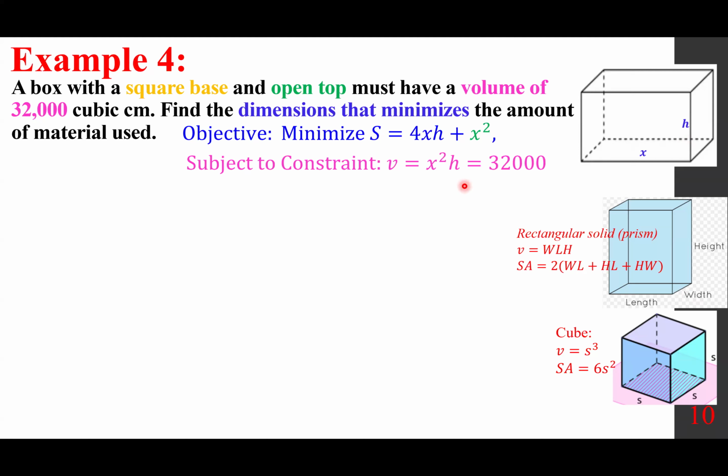As always, we want this to be a function of one variable. We have two variables, x and h. So if we solve for h here, that means divide by x squared, and put it in this one, S becomes a function of x only. Replace the h.